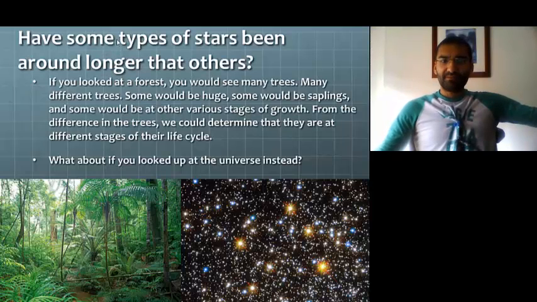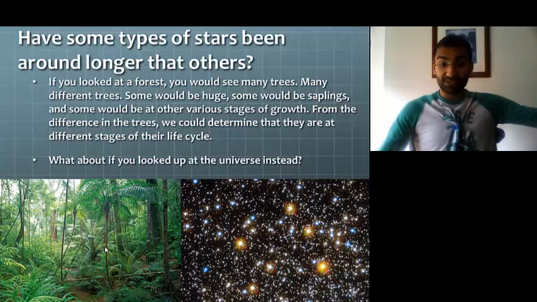So, have some types of stars been around longer than others? Well, yeah, if you think about it. Next time you look up to the starry sky at night, take a look around and have a look at all the stars. Probably it won't look as bright as this, but have a look at the stars. When you look at them, I want you to think back to a picture of a forest. Because if you think about a forest, not all of these plants in here are the same type.